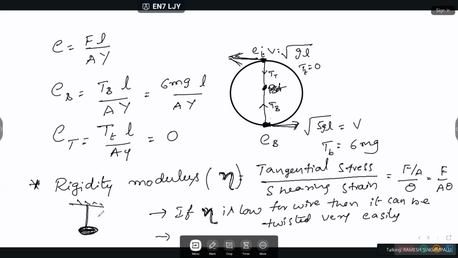Fine. Now, a rod of length L, with rigidity modulus eta equal to F by A theta. Am I right?